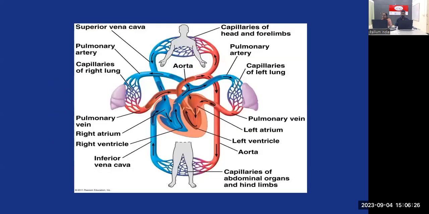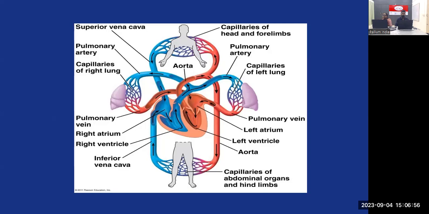Coming to the systemic circulation. We all know this is the systemic circulation. From the upper part of the body, the superior vena cava collects the deoxygenated blood into the right atrium, and from the lower part of the body, the inferior vena cava collects the deoxygenated blood and drains it into the right atrium.